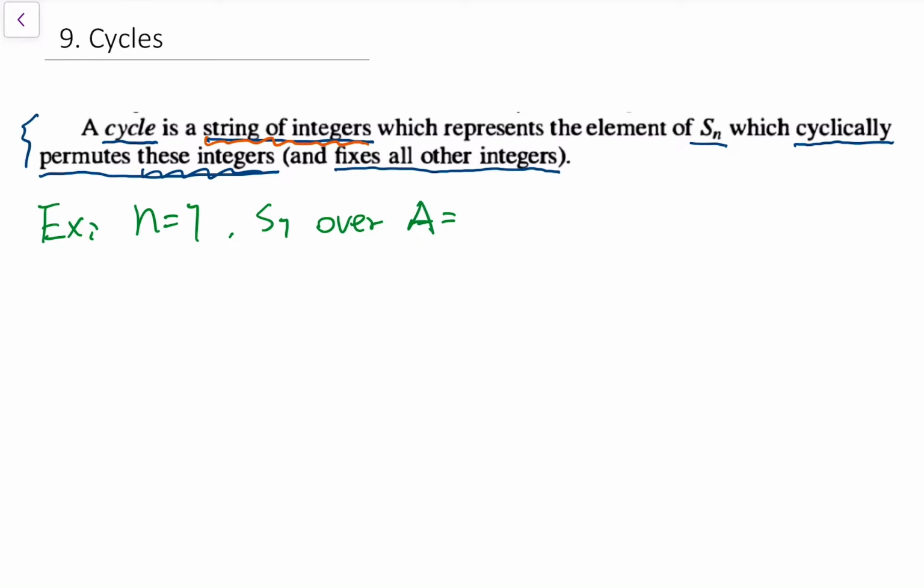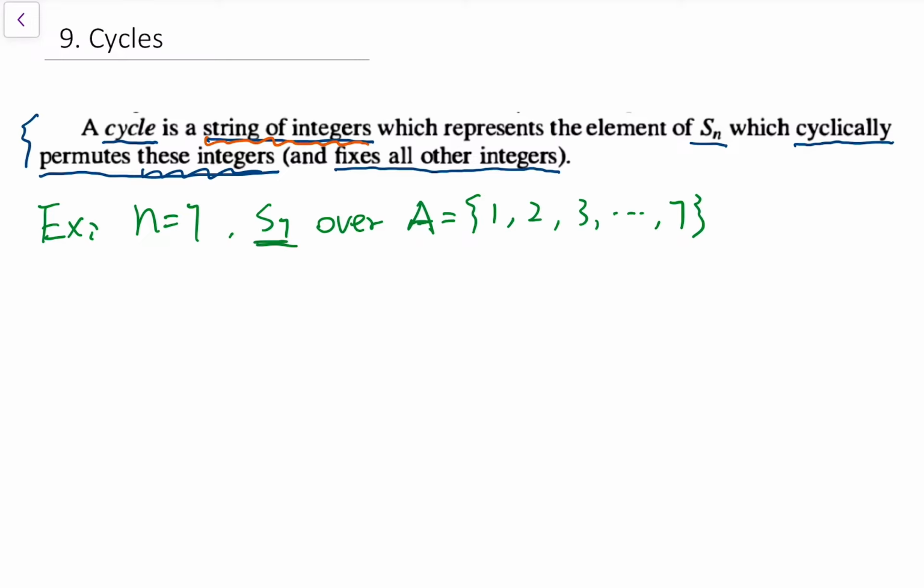So here we can just consider the set of 7 integers, the integers from 1 to 7. So 1, 2, 3, and until 7. Those 7 integers, and the permutations are the permutations over those 7 integers.